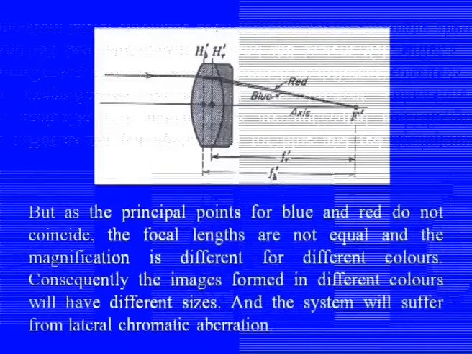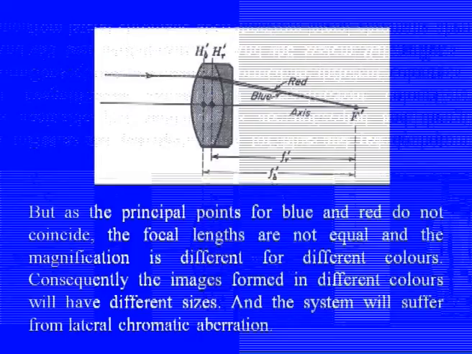In a thick lens, however, the longitudinal aberration is absent if the colors corrected for come together at the same axial image point, like this for both the colors, red and blue.